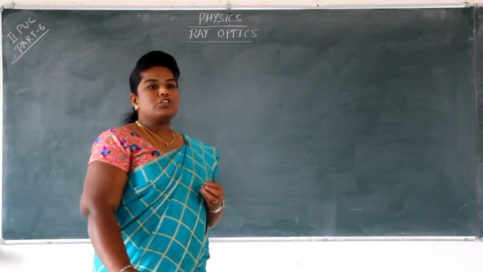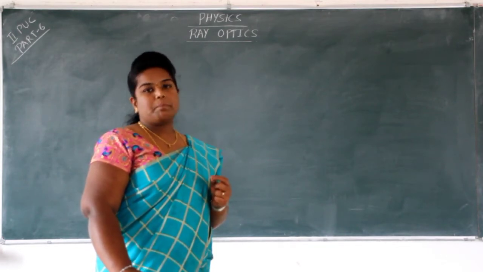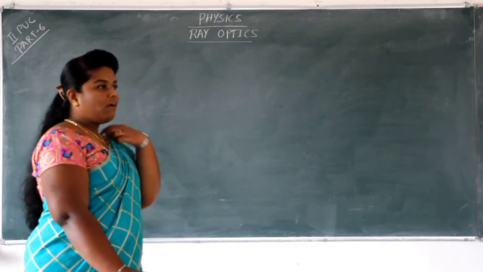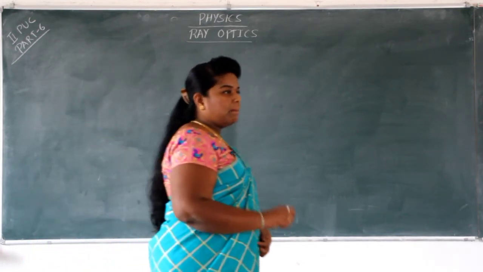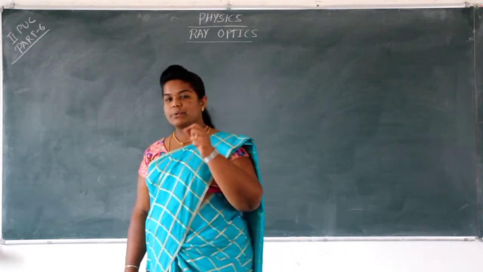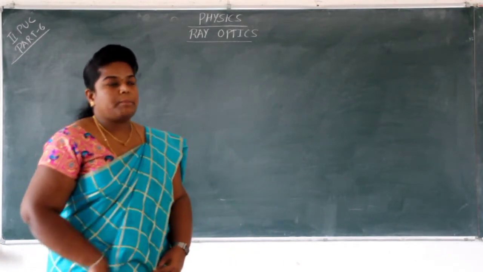Then how to utilize those lenses plays an important role there. Dear students, you already know the terminology focal length, which relates to the convex as well as the concave lens.